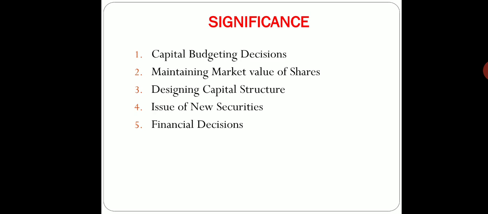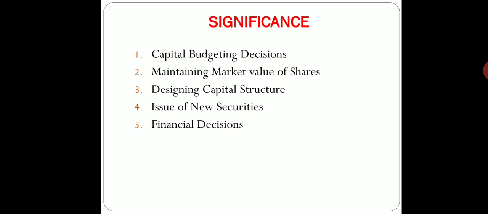Then after, the next one is significance, or in another way we can say the importance of cost of capital. Now, in significance, the first one is capital budgeting decision.